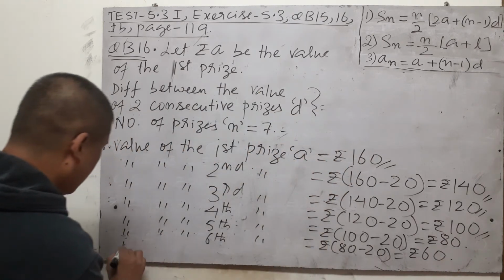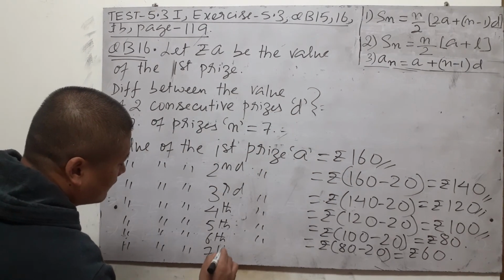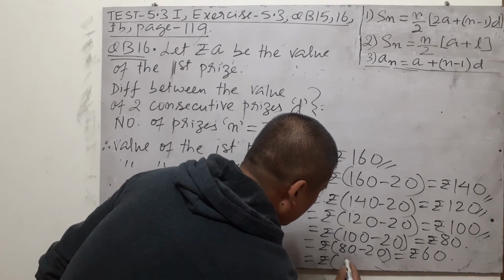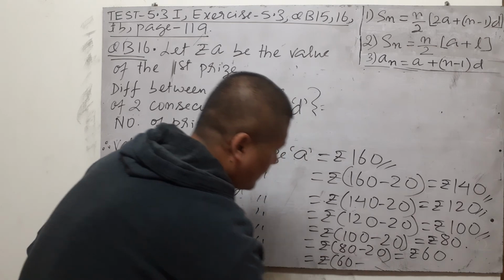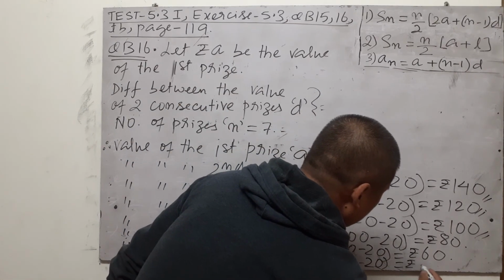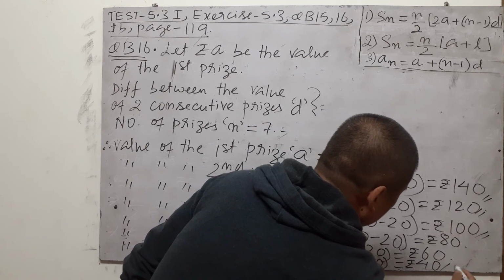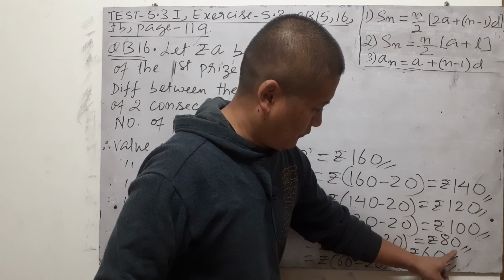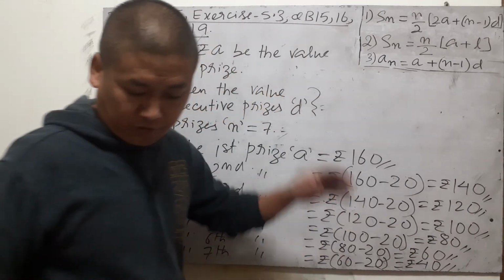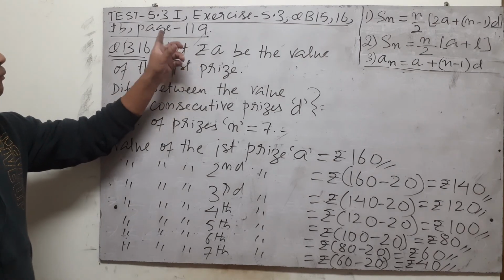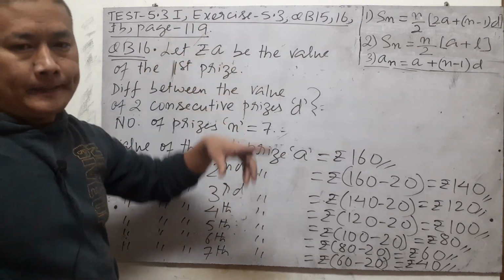And finally, the 7th prize is the 6th prize minus 20, so that will be rupees 40. So the 7th prize value is rupees 40, same as the textbook answer. So that concludes this part of the test. Okay, I hope you got it.